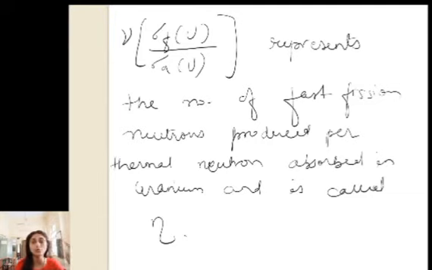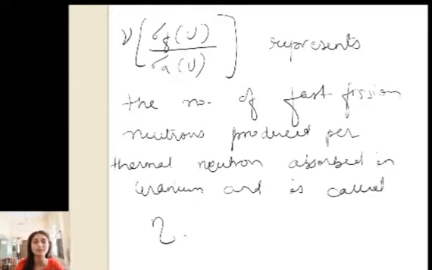Now nu multiplied by sigma F of u upon sigma A of u represents nothing but the number of fast fission neutrons produced per thermal neutron absorbed in uranium, because we know that nu were the initial fast neutrons which were emitted, and sigma F of u upon sigma A of u gives you how many neutrons were absorbed for fission reaction and how many were absorbed without producing fission reaction.